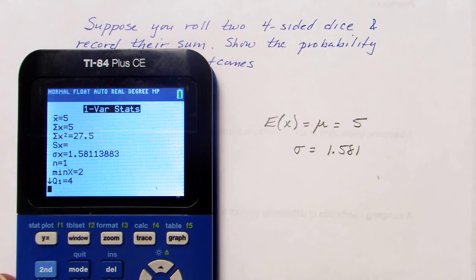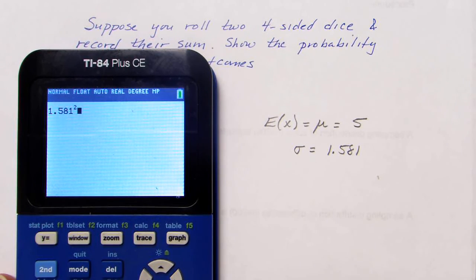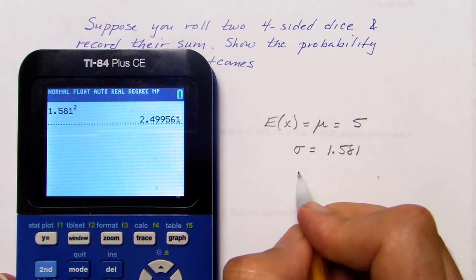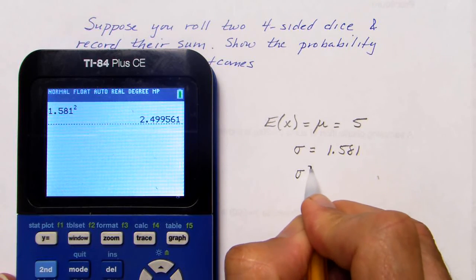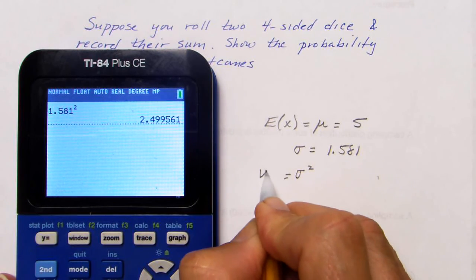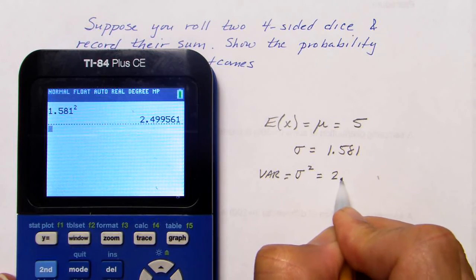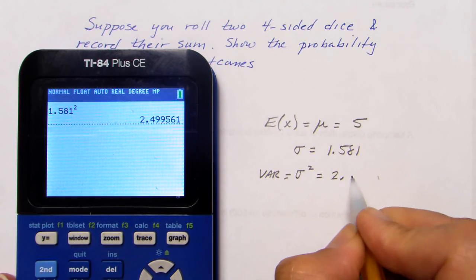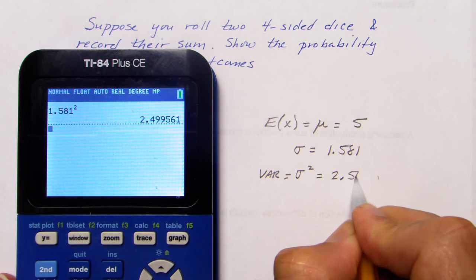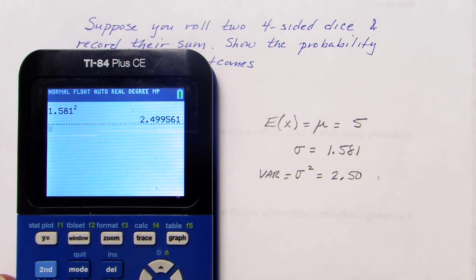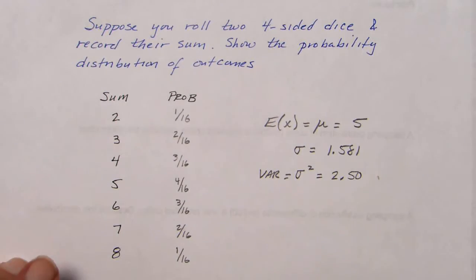Now, of course, if I square that, 1.581 squared, I would then get sigma squared, which is also known as the variance, of about 2.4995, so I would probably round that to about 2.50 for the variance. And so that's how you calculate.